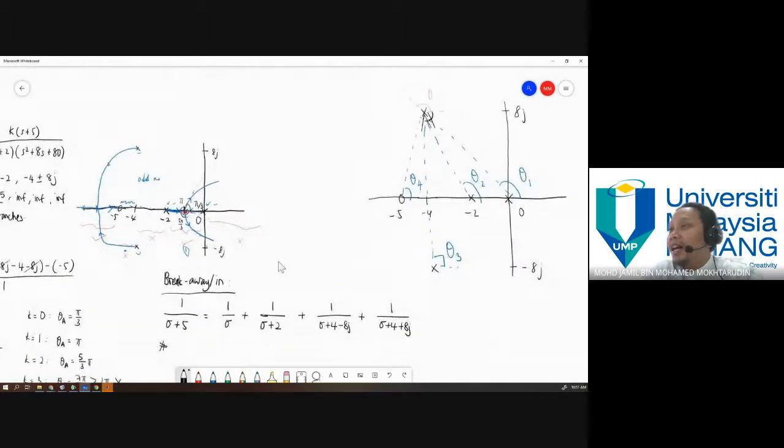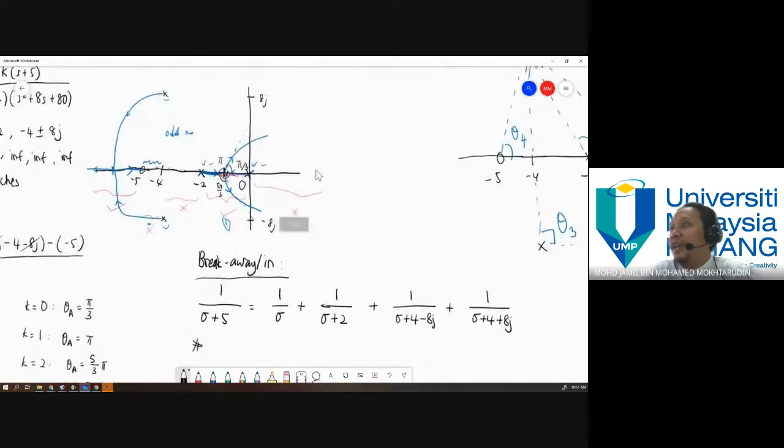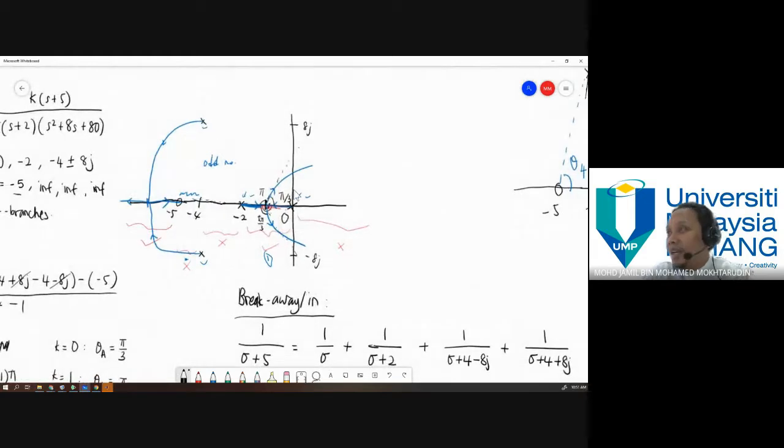And to sketch the root locus, because we cannot find the JW axis crossing, you can do it yourself later, okay. In this rough sketch, the JW axis crossing may be somewhere between 8J and minus 8J, okay.